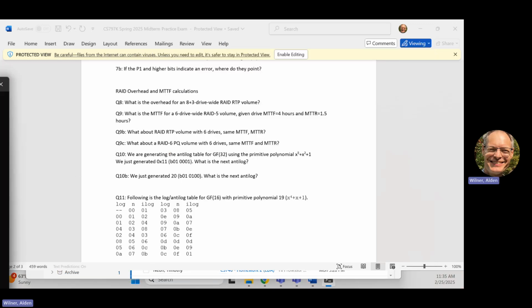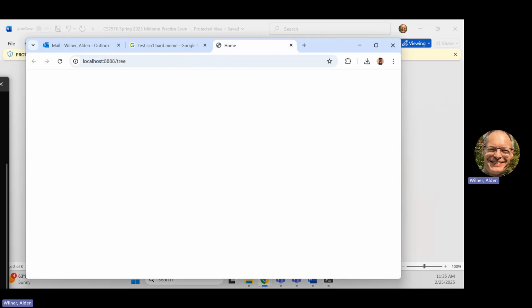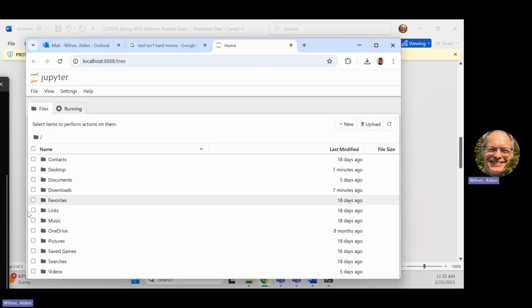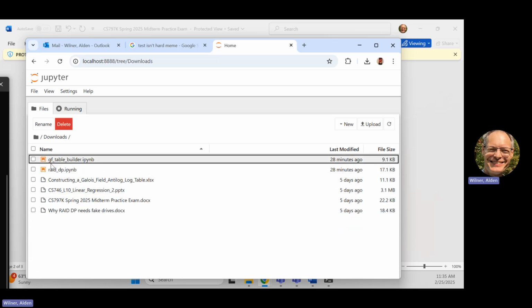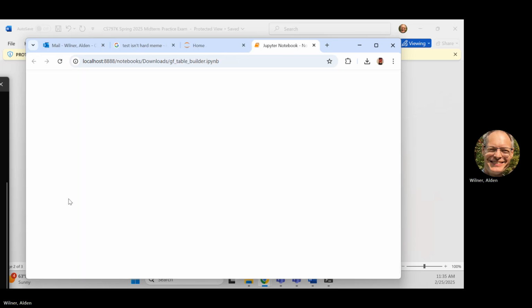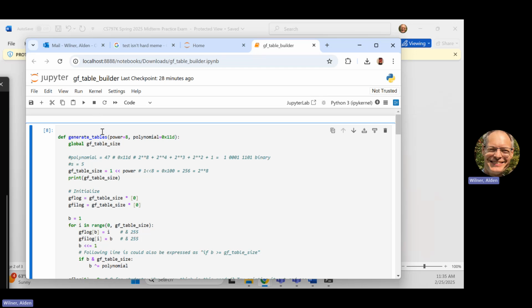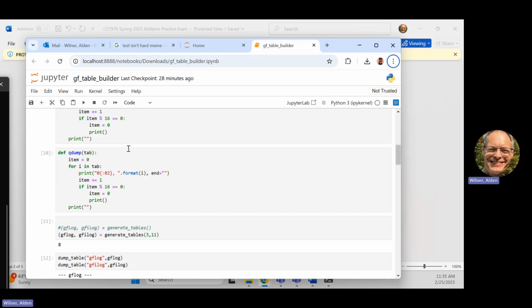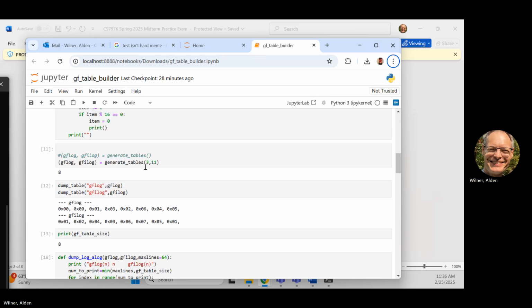And it's worth playing around with this if you haven't yet, because this will help you understand what's going on straightforwardly. It's not difficult. It's just, you know, different from what you've had to do to this point. So we're generating our tables. We're going to generate a table of size 5. And we're going to use a primitive polynomial of 37, right?